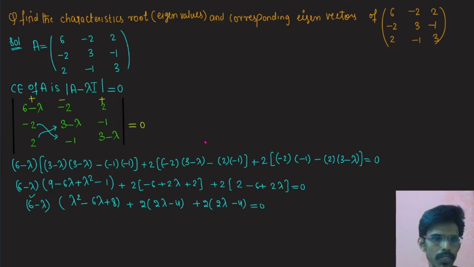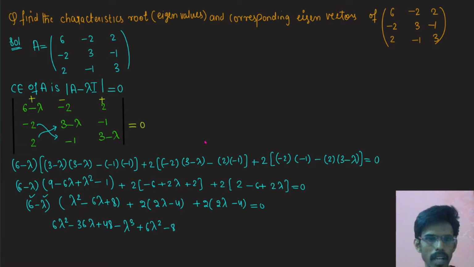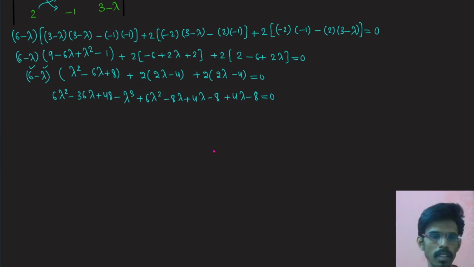Now multiply this 6 to this term, this will become 6 lambda square, minus 36 lambda, plus 48. Next we multiply minus lambda, then we have minus lambda cube plus 6 lambda square minus 8 lambda plus 4 lambda plus 8 plus 4 lambda minus 8 equals 0. Now the highest power is lambda cube, so write down lambda cube.